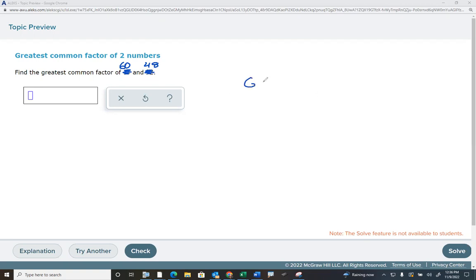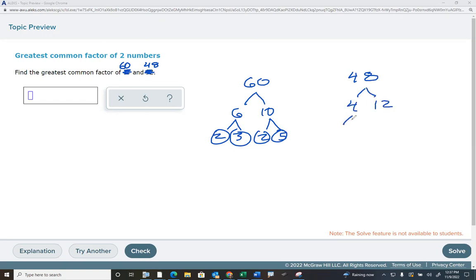Like we've already seen, 60 is 6 times 10. 6 is 2 times 3. 10 is 2 times 5. And then 48 is 4 times 12. 4 is 2 times 2. 12 is 4 times 3. And 4, again, is 2 times 2.